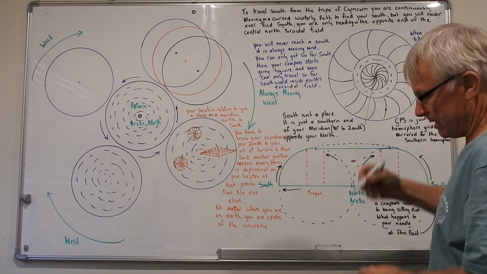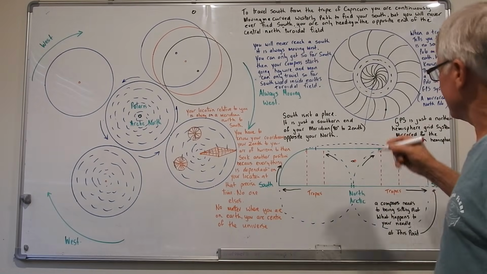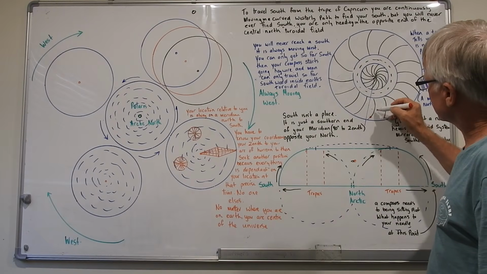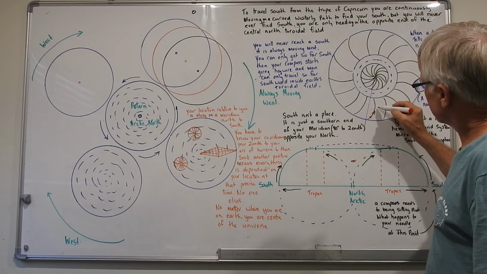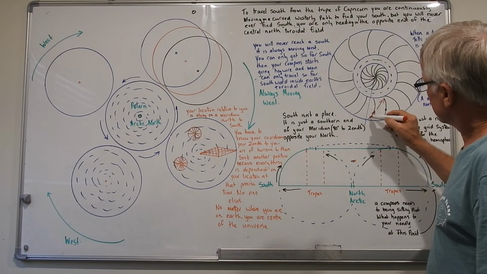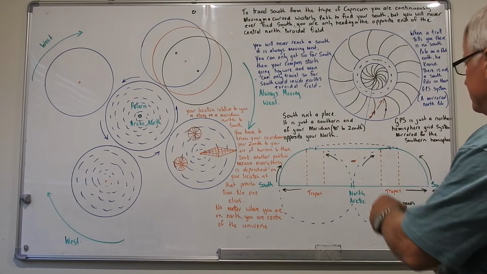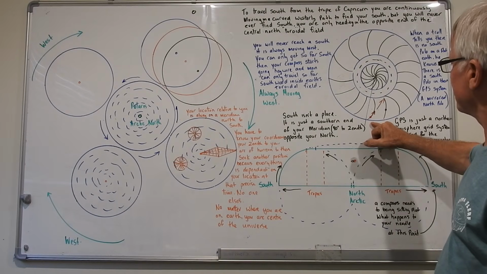So if you're down here, get a red pen. If you're down here, north's not up there, it's not even here, it's here. It's that way, isn't it? But you're going to slowly get round here. This is a deviation. That's why we have to make adjustments all the time.